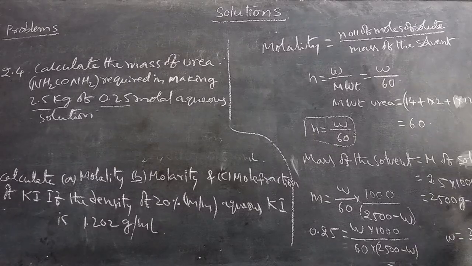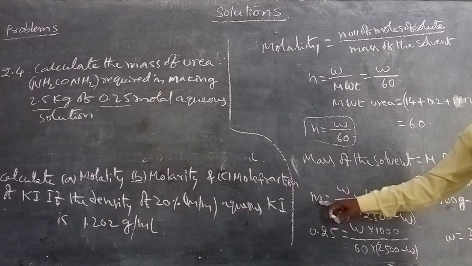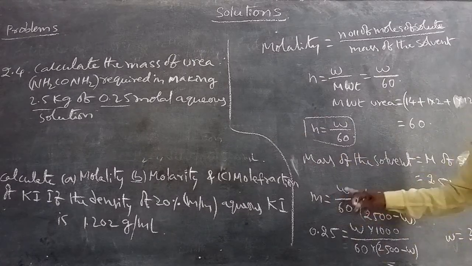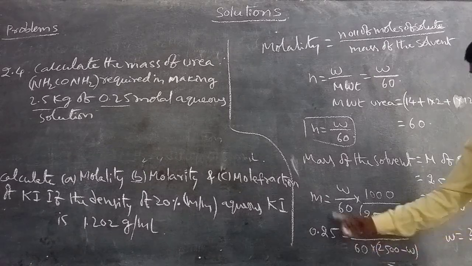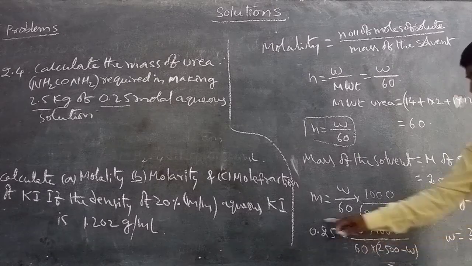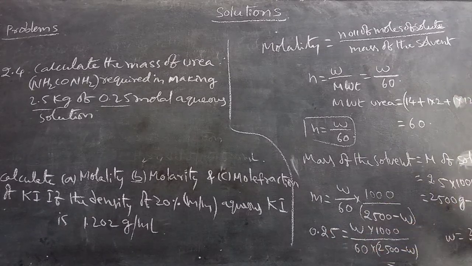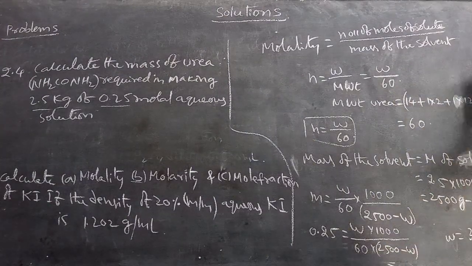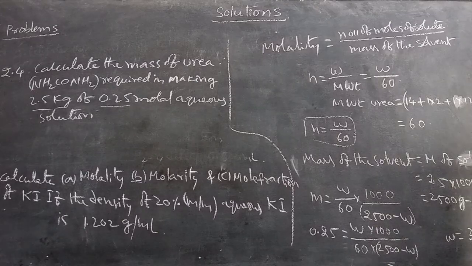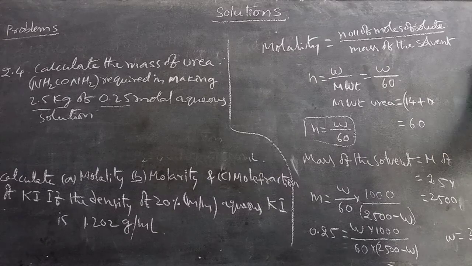So 2500 grams minus W, and the given value 0.25 equals W by 60 into 1000 divided by 2500 minus W. Now after the calculation you will get W equal to 36.946 grams. This is the 2.4 example.